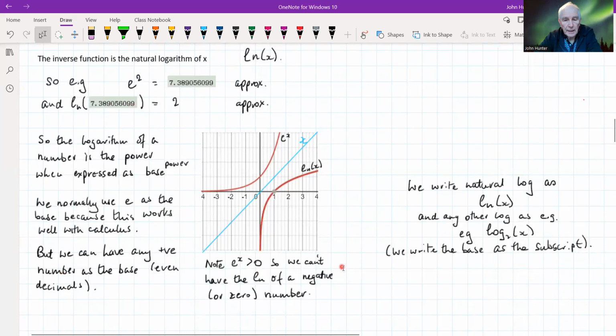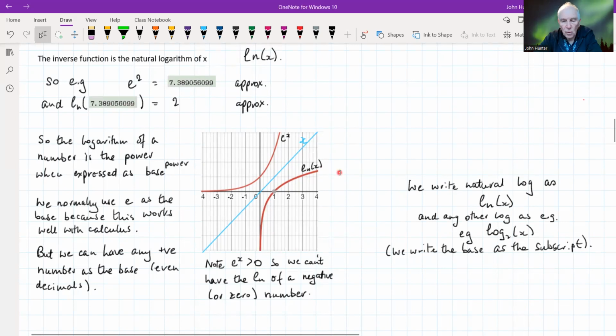We've noticed that e to the power of x is always positive, because e is a positive number. Then we can only take the natural log of x for positive numbers. That doesn't matter because we've only produced positive numbers from e to the power of x. That's one way of looking at it, isn't it?